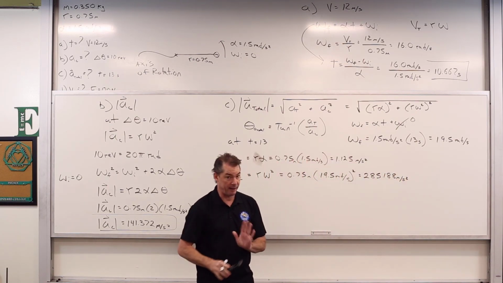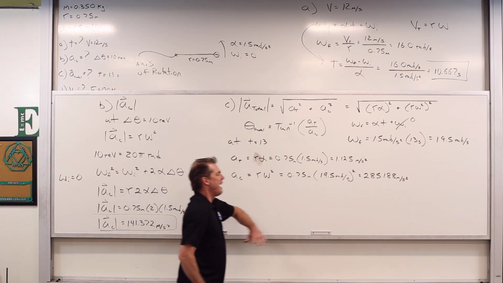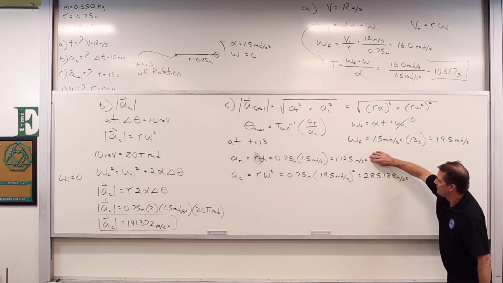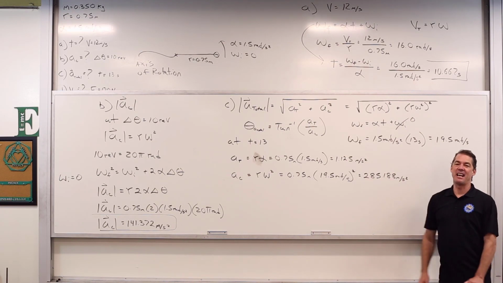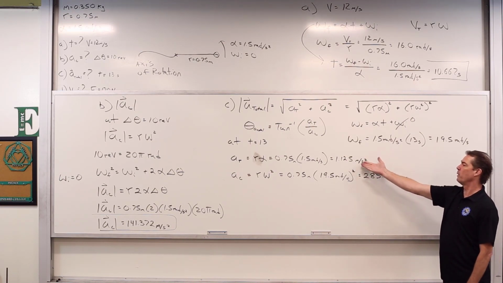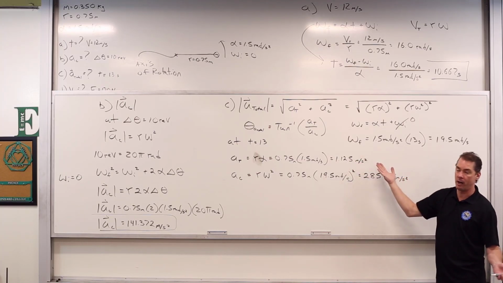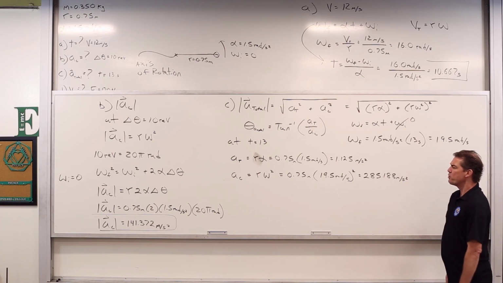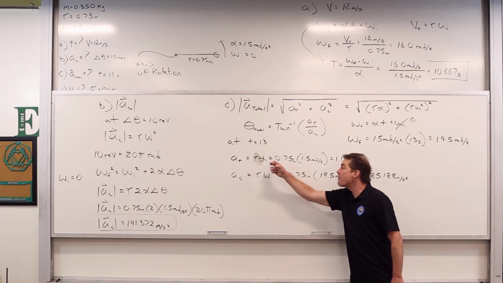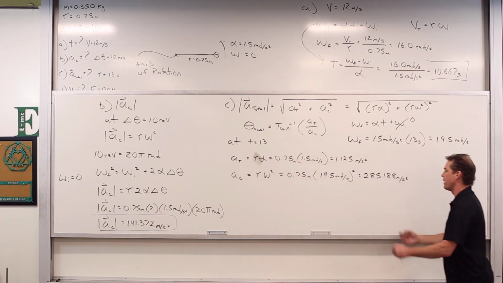Something just to point out here that is of some relevance: the centripetal acceleration is greatly greater than the tangential acceleration. Why? Tangential acceleration is constant. It's always 1.125 meters per second squared if we have a constant alpha and a constant r. But centripetal acceleration is continuously increasing because the angular acceleration increases the angular velocity as time goes on.